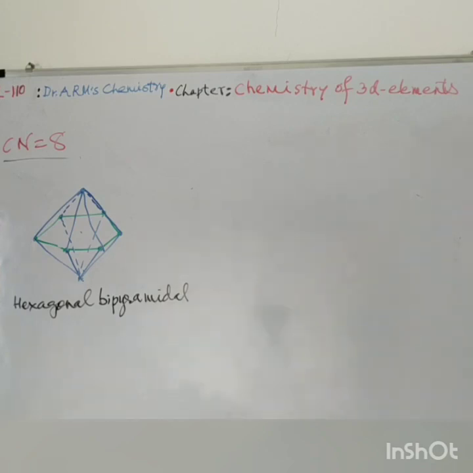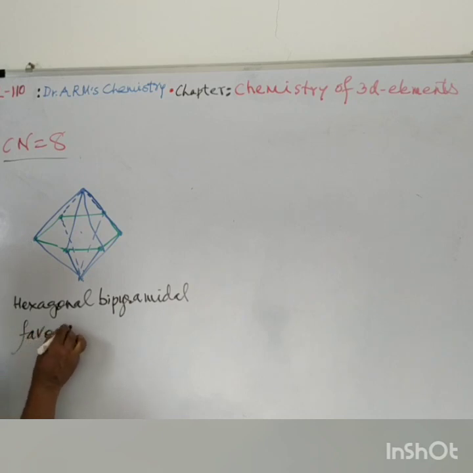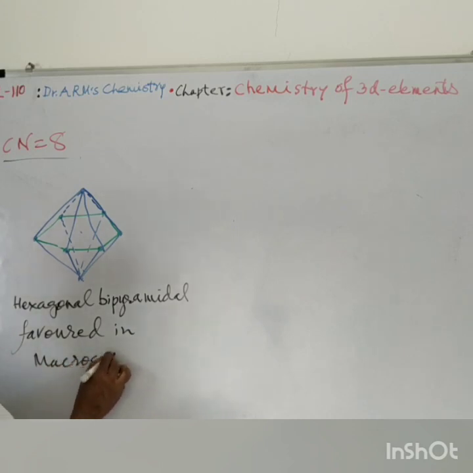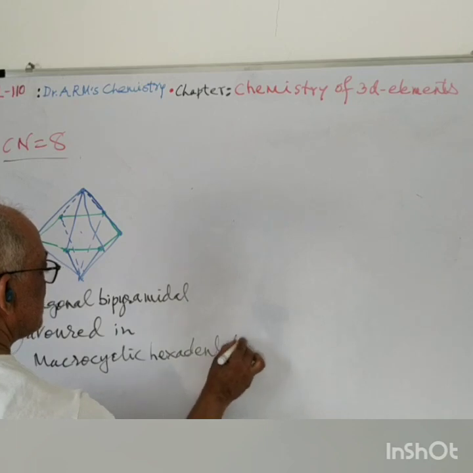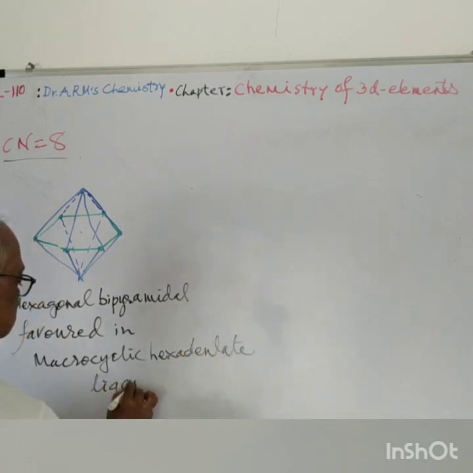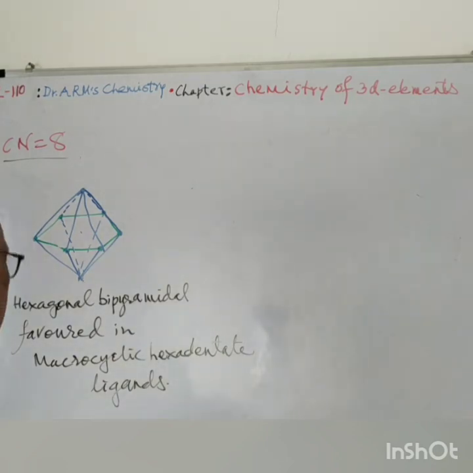This is a rare coordination number for the hexagonal bipyramidal structure, but it is favored in hexadentate macrocyclic ligands. Another important structure we can have.